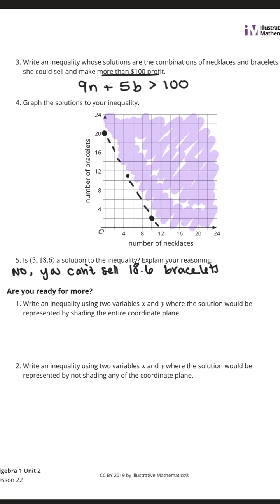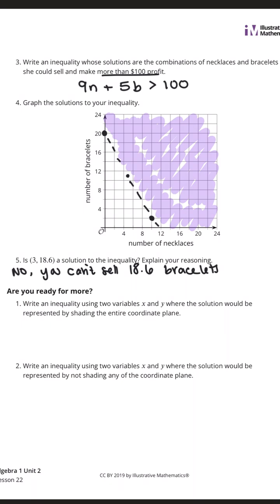When I had to graph the inequality, I plotted those 3 points that gave me exactly $100, and those form my boundary line. In this case, because it's going to be greater than 100, I know that it's going to be a dashed line. And then to color in the side that's greater than, it's just all those combinations that would be more than $100.